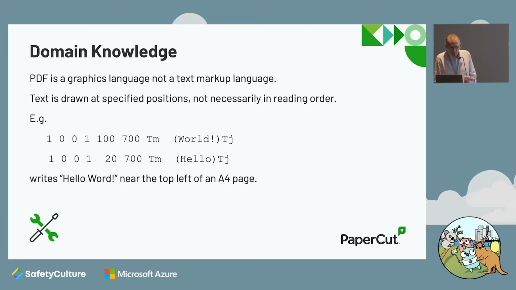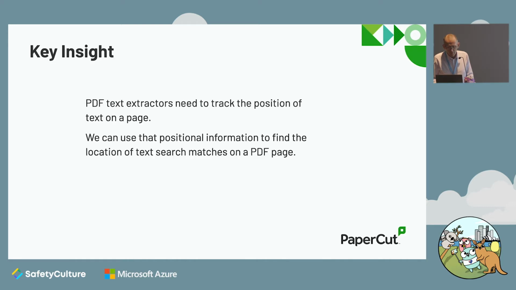In this case, I've shown how to draw a hello world at the top of an A4 page. The key thing about this is that the text doesn't appear sequentially in the PDF file. So in order to be able to convert a PDF file to text, you have to be able to find the location of the text on the page.